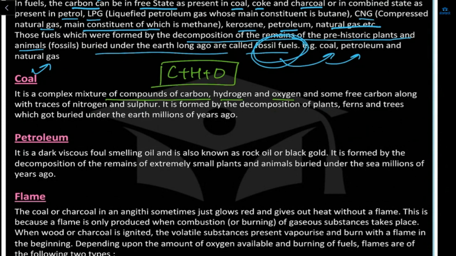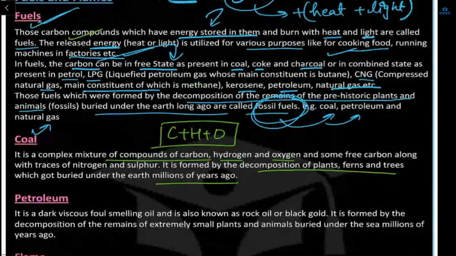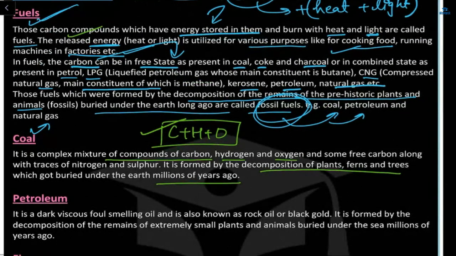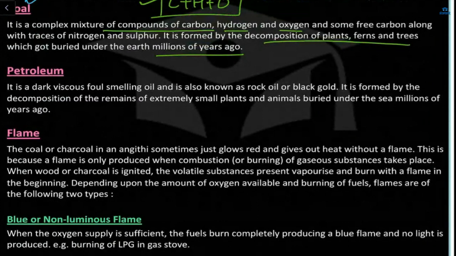Coal is formed by the decomposition of plants, ferns, and trees which got buried into the earth millions of years ago. The compounds are different: in fuels only the carbon compound.